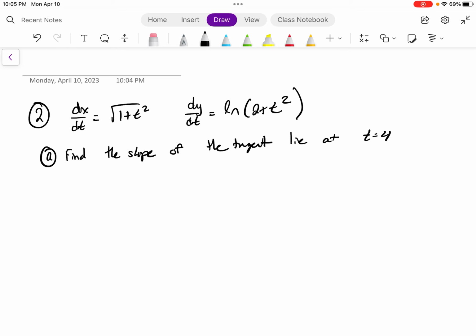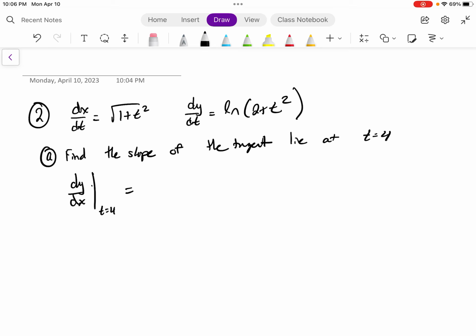When we find the slope of the line tangent to the path of the particle at t equals 4, we're looking at how fast x is changing and how fast y is changing, so we want the change in y over the change in x at that point. Usually we might see something like this notationally, but we don't need to worry about that.